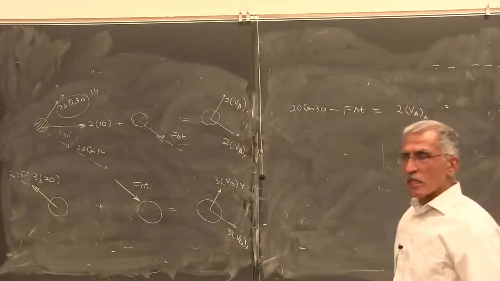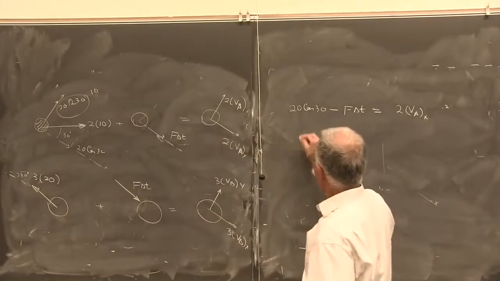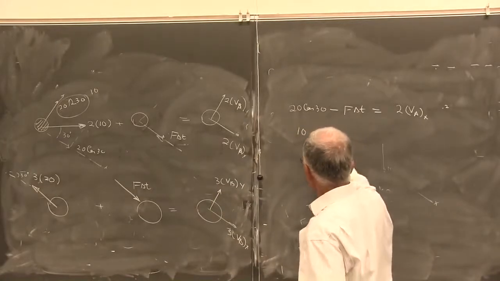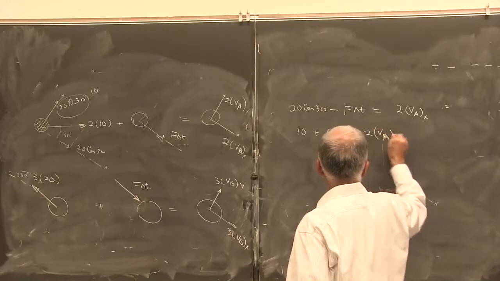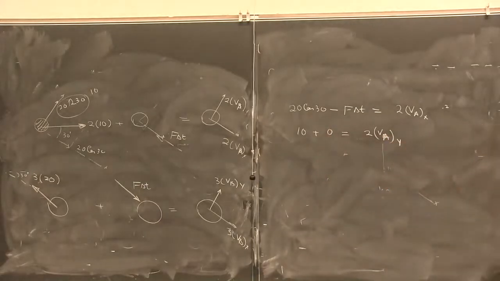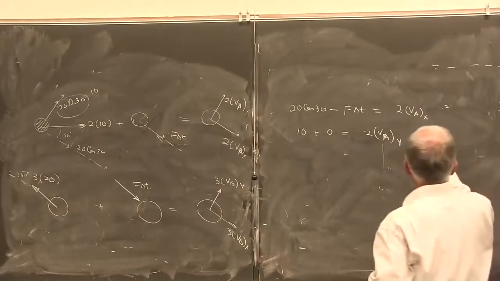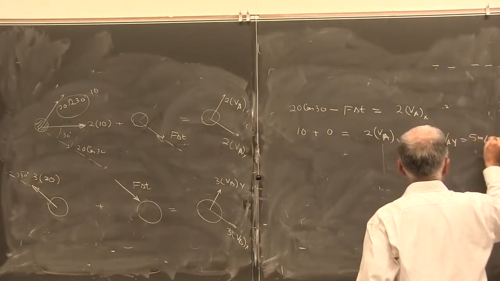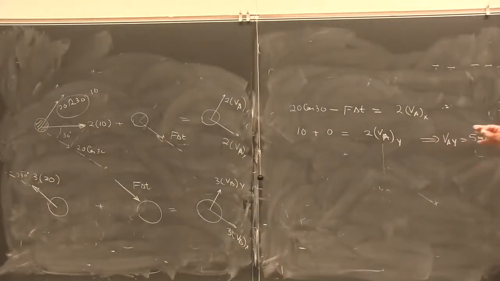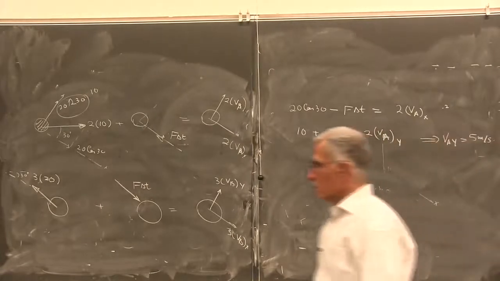In the y direction, for that picture, 10 plus nothing must be equal to 2VAy. So you find one of the unknowns. You still have 4 unknowns. You can find VAy is equal to 5 meters per second. Still VAx is unknown.